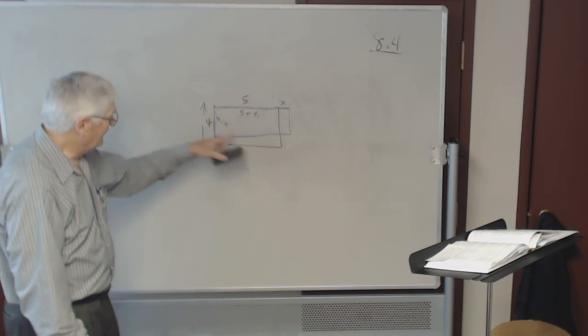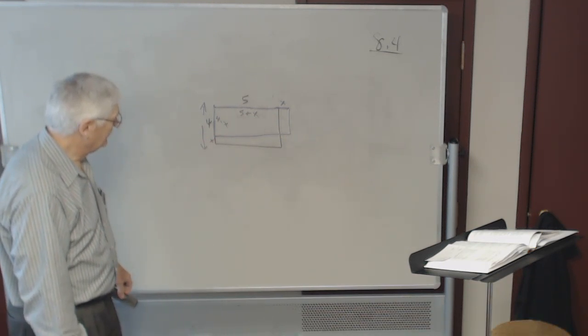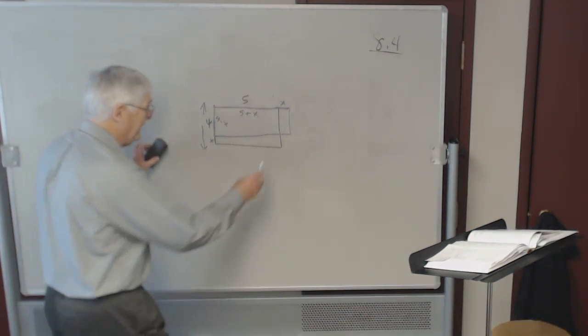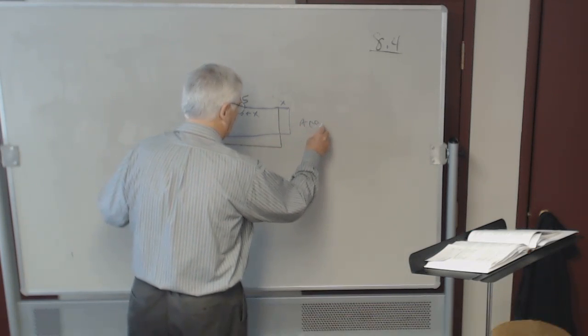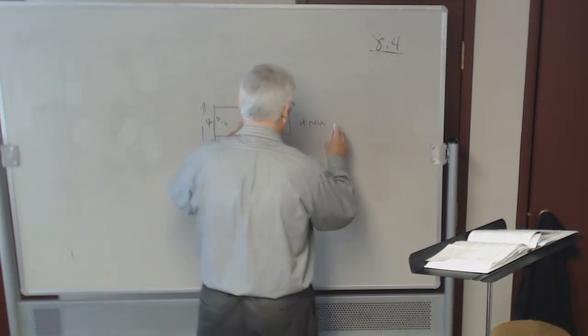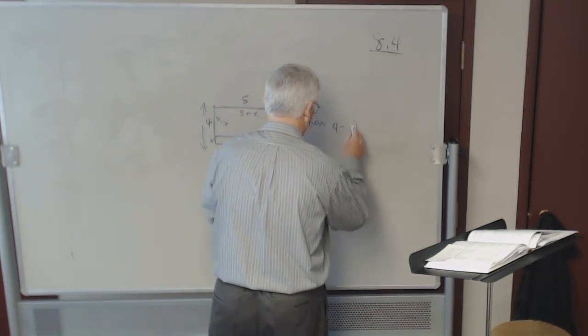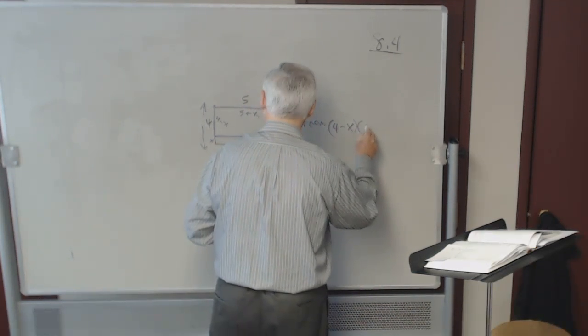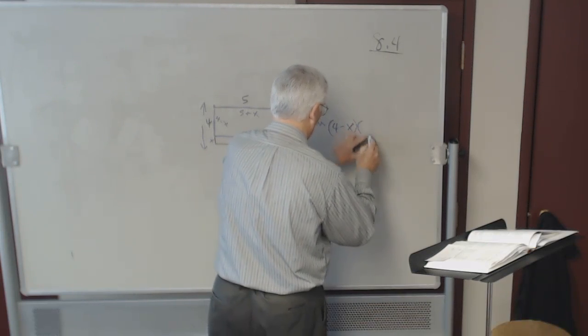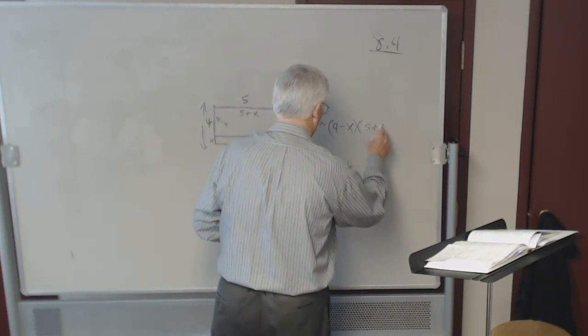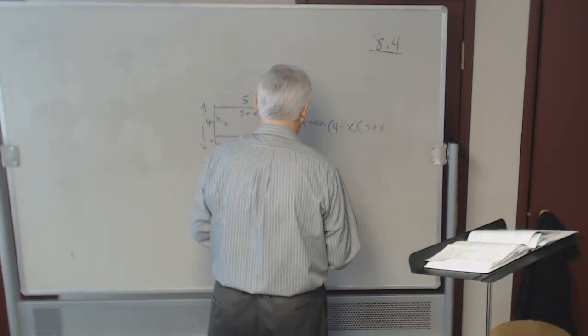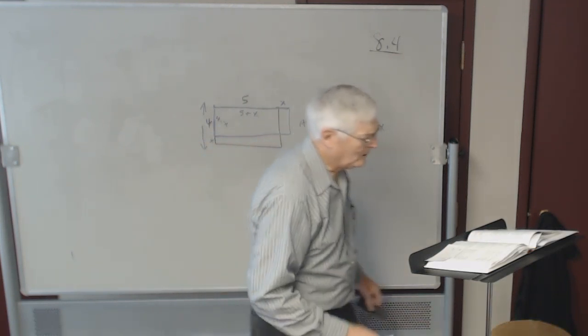So that's what his new table is going to look like. And the area is going to be 4 minus X times 5 plus X. But he wants that area to be what?